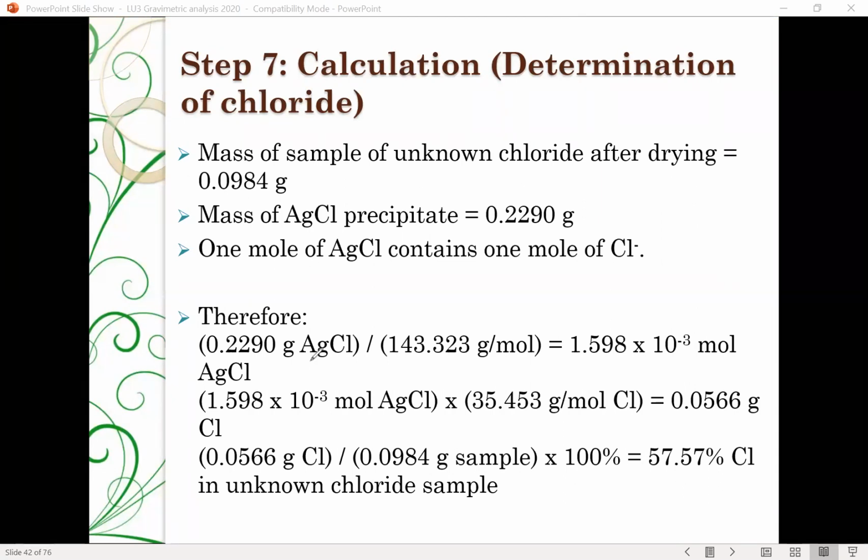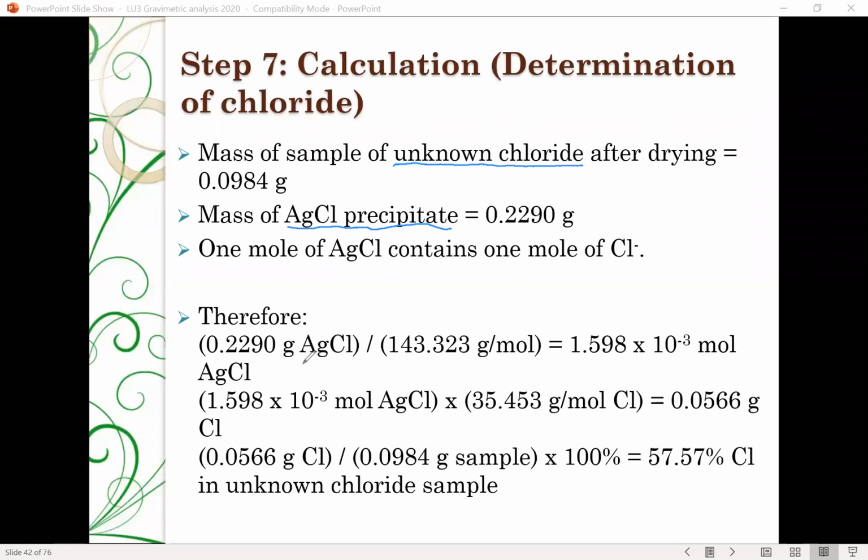In this case, the information given to us is the mass of the unknown chloride sample, and the mass of our precipitate, which is AgCl precipitate. We know that 1 mole of AgCl contains 1 mole of Cl. We use whatever information we have here to calculate.